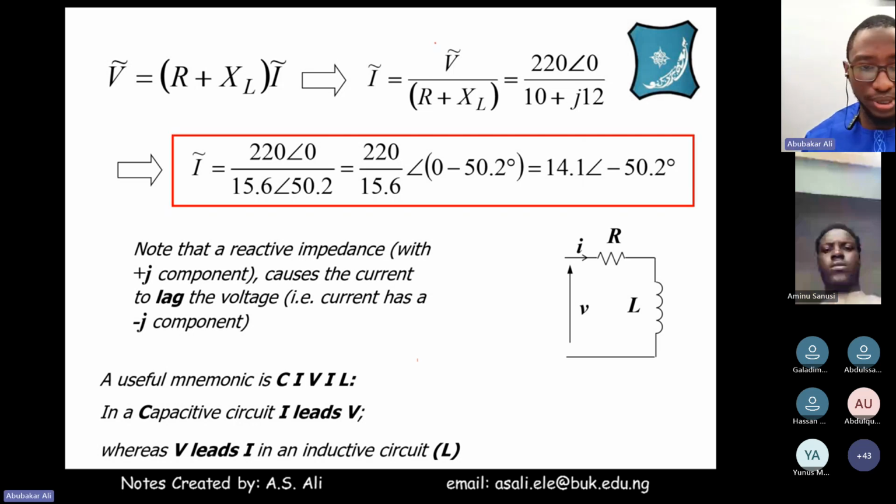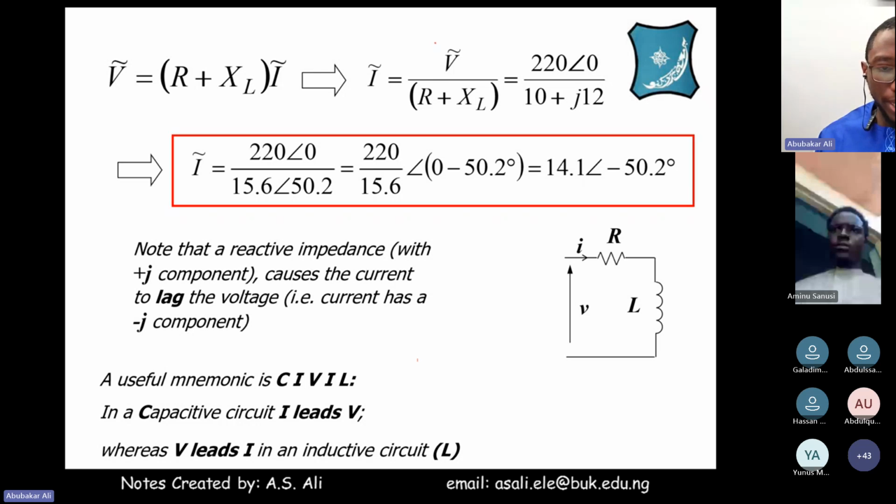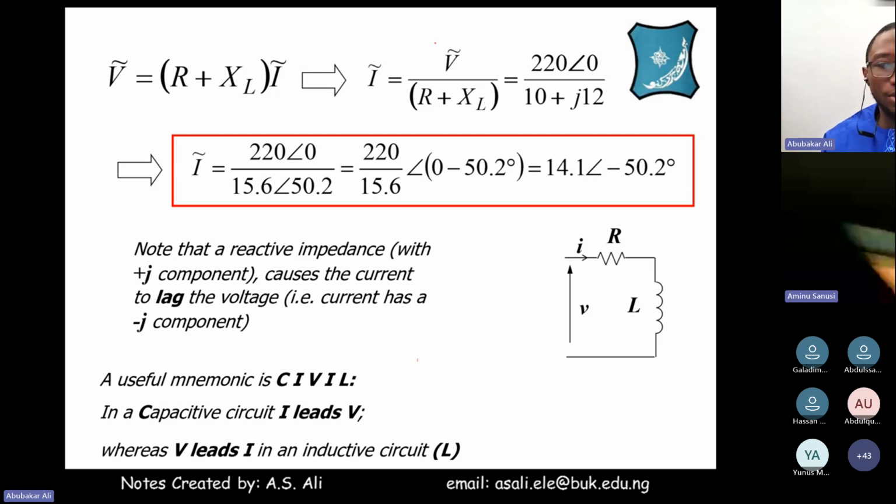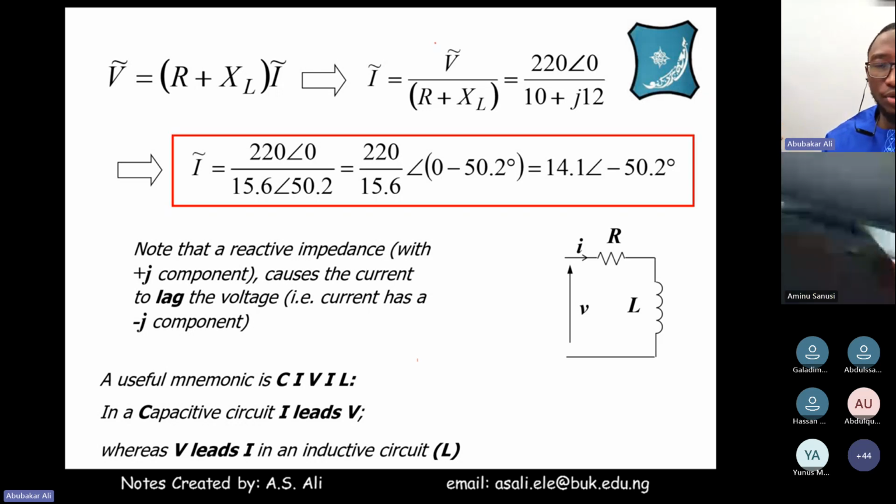All right, so that's one thing to keep in mind. We don't want lagging, because if your current is lagging, you will have what we call the power factor, and it will be low. A very low power factor increases losses in your circuit or network. So maybe a small power that you require in your house, because you have elements that consume a lot of power, you end up paying huge money to KEDCO if you are in Kano, or whatever the revenue collection company is.